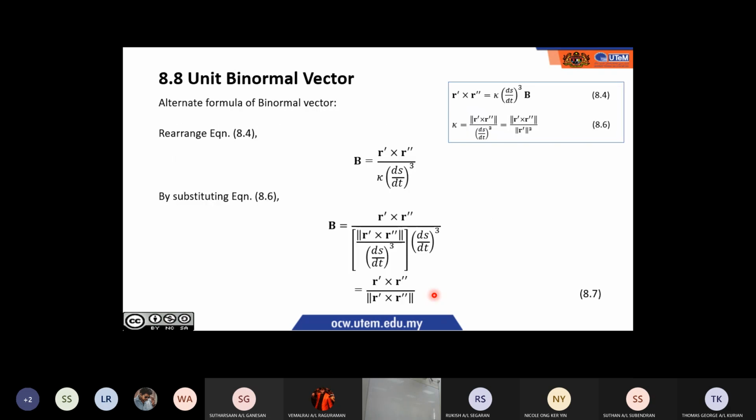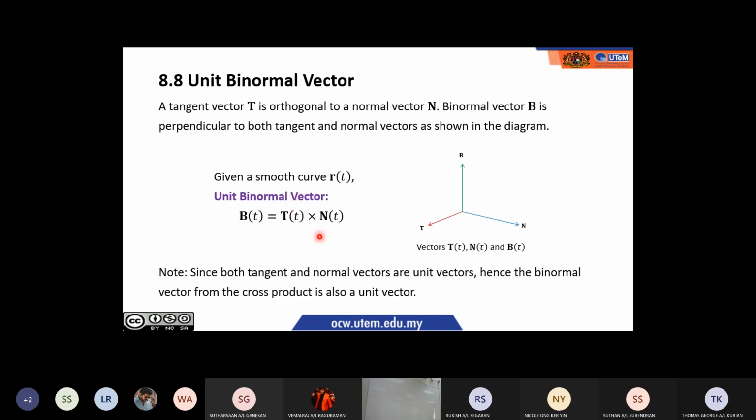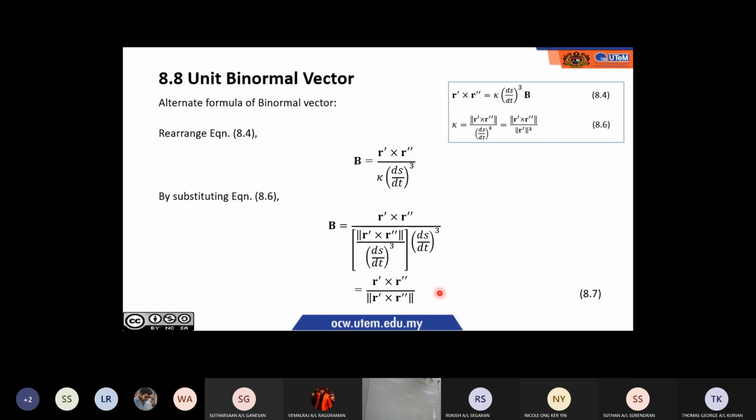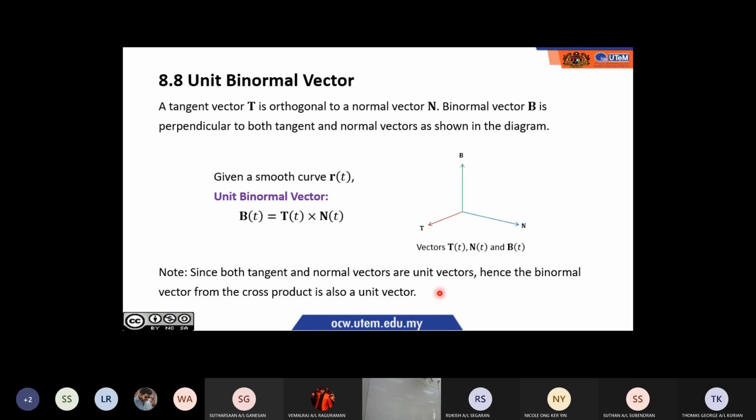So between this formula, T cross N to get B, or the cross product of R prime and R double prime, you can see that under different situations, we can choose different formulas. If the question contains sine and cos, the simpler one, then you can choose T cross N. There's no issue because you can find T and N, and the magnitude of T prime doesn't give you much problem if your R(t) is a cos and sine function.